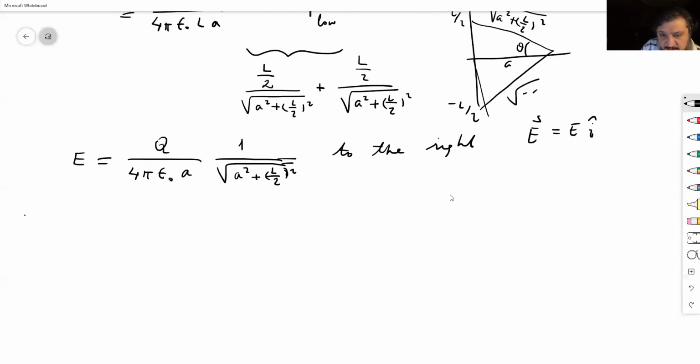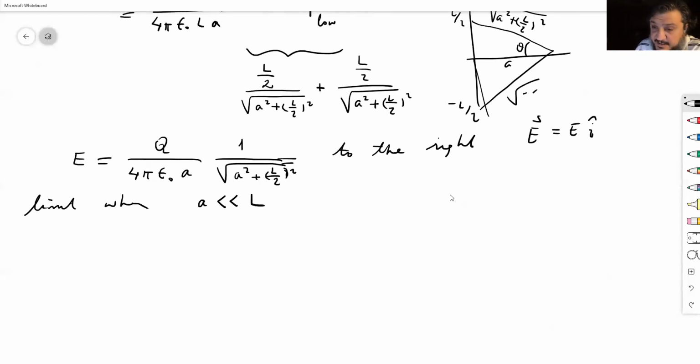Consider the limit when A is so small, capital L is much greater than A. Okay, that symbol here, double greater than, it just means that A is so small compared to L. All right, so what do I do then?